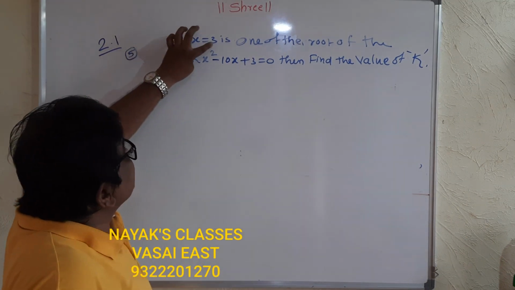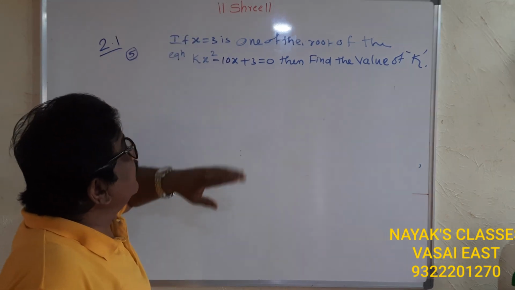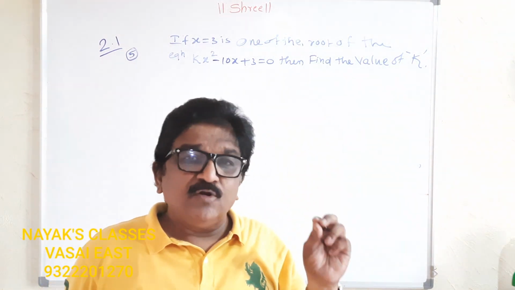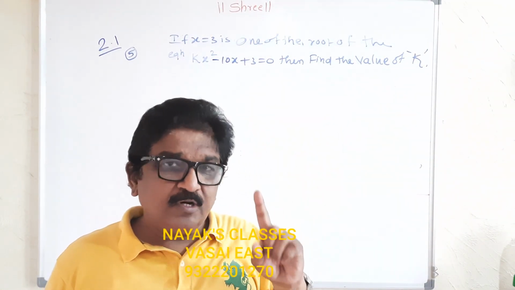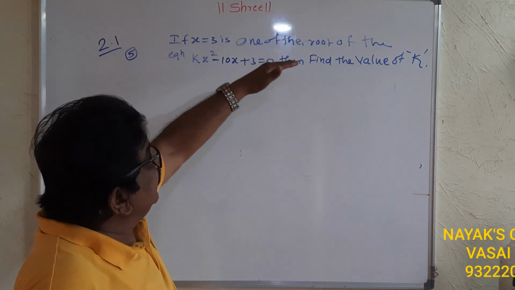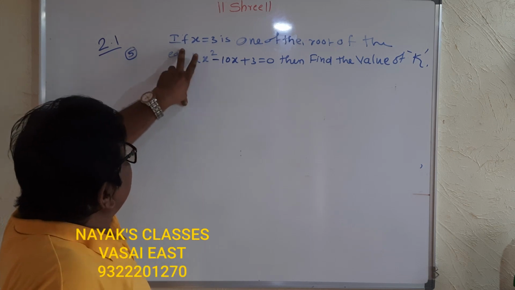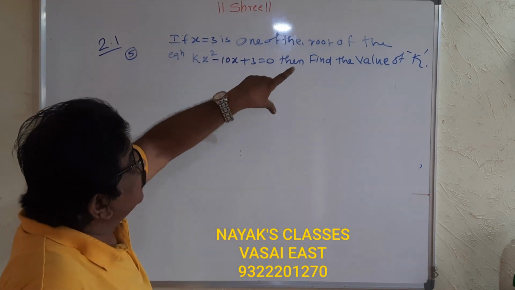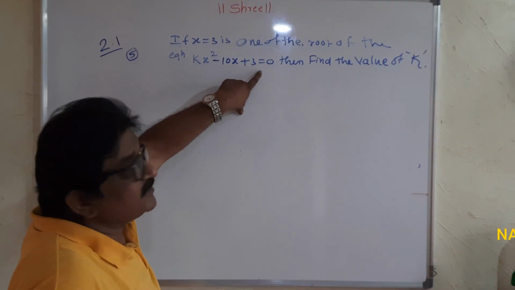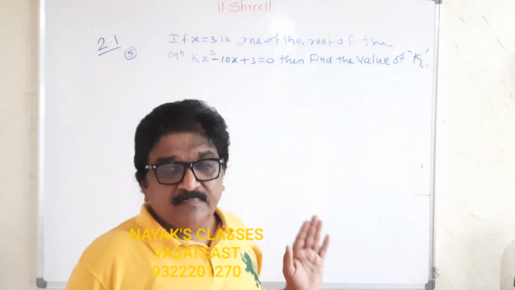If x equal to 3 is a root, already they have given one of the roots. In a quadratic equation you always get two roots, so out of that one is 3. If x equal to 3 is one of the roots of the equation kx square minus 10x plus 3 equal to 0, then find the value of k.